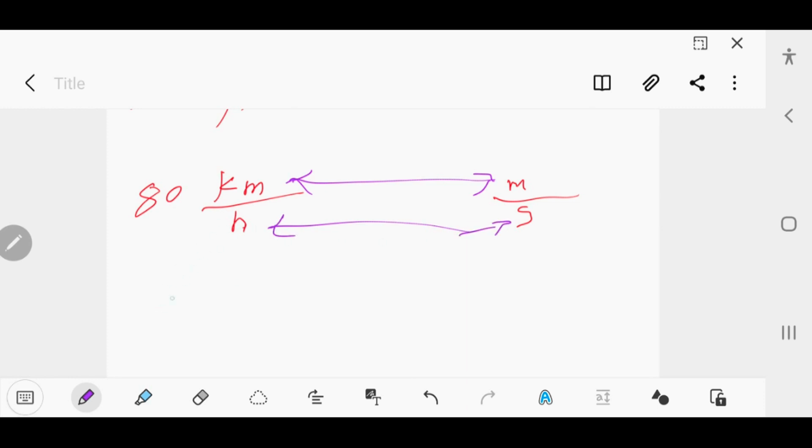We have, as you know, 1 kilometer equals 1000 meter, or 1 meter is equal to 1/1000 kilometer. This is the first conversion factor, used to convert the distance. Now, what about the time?